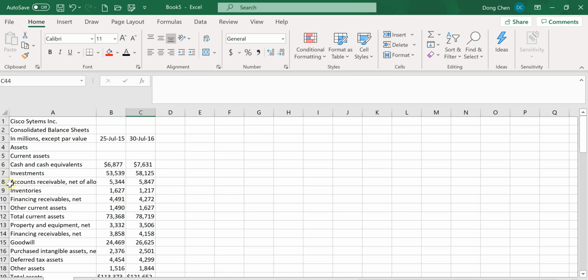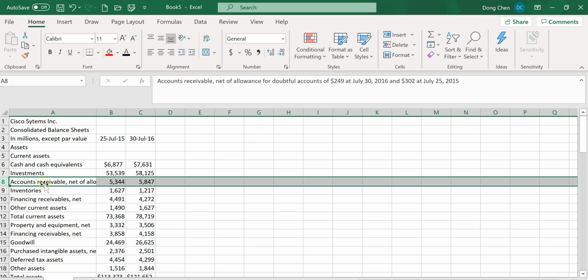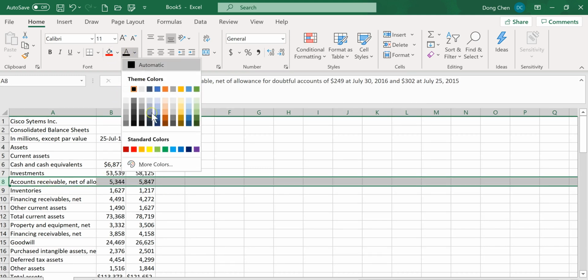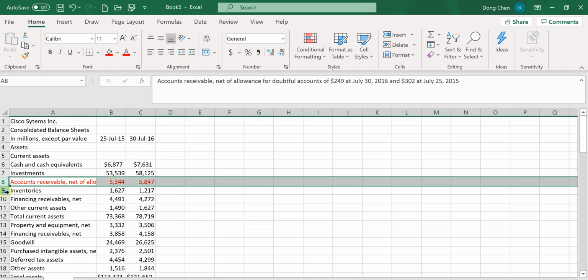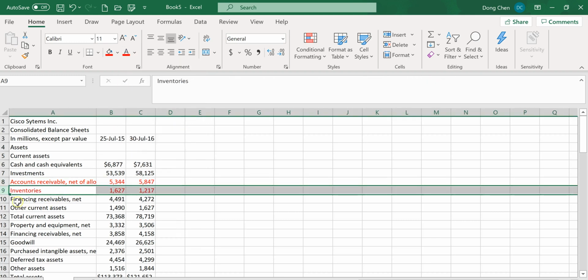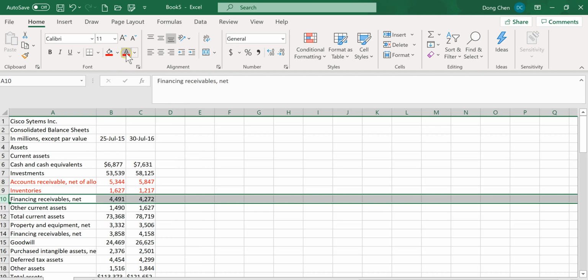On the asset side, operating assets basically start from accounts receivable here. I mark this in red, and then inventories are also operation related. Financing receivables basically take the accounts receivable as collateral, so they are also in operations.